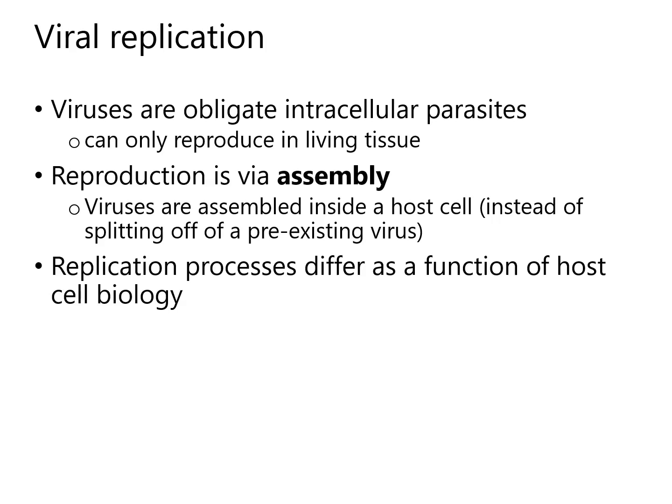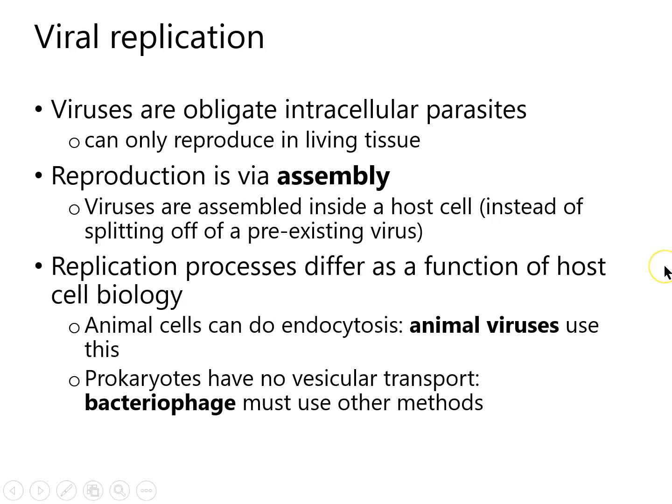So we will look at a bacteriophage first, because that's the simplest situation, and then we'll look at animal viruses. And you'll see there are some steps that are different between them because of how different the hosts are. And the big thing is that animal cells do endocytosis. So animal viruses use endocytosis to get into cells.